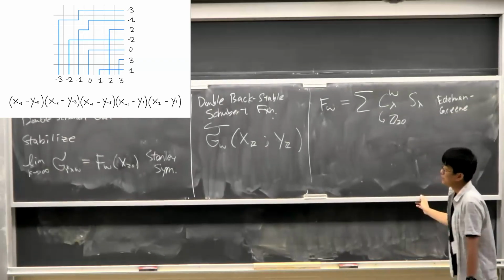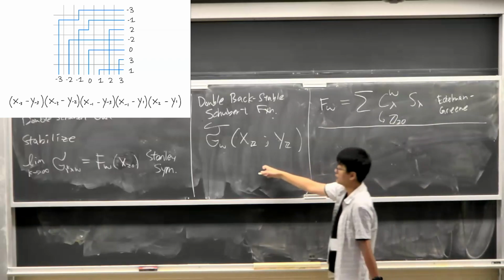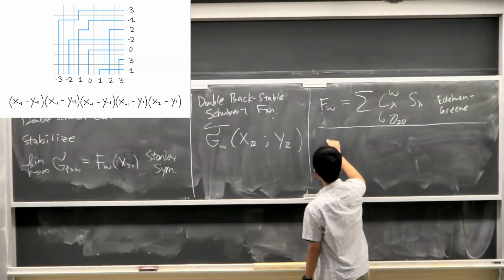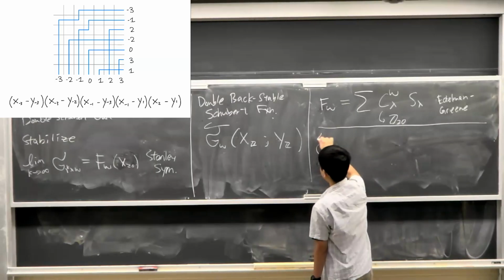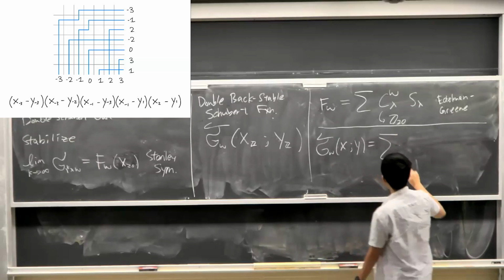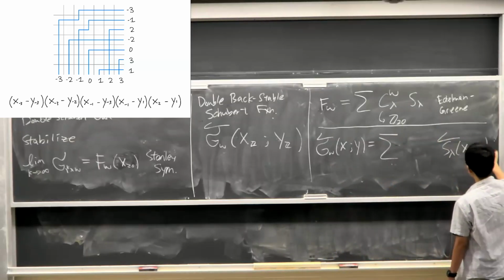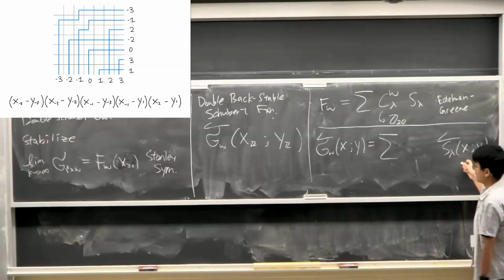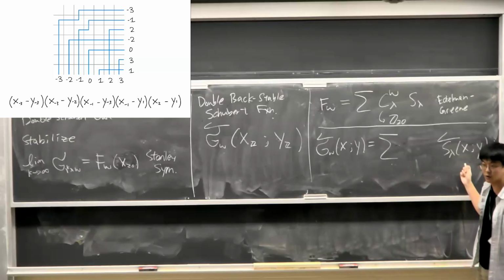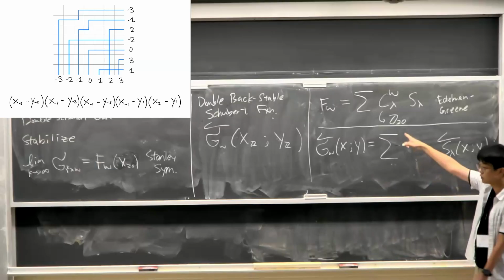For the double Edelman-Greene coefficient, I want to take this expansion but look at it in this equivariant setting. So I'm going to take my double back stable Schubert polynomial, in x and y, and expand it into back stable double Schurs. I did not define this, but you can think of these Schurs as a special case of these Schuberts when the labeling permutation is Grassmannian. When I do this expansion, the coefficients I get are no longer integers.